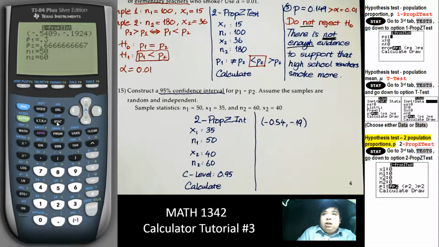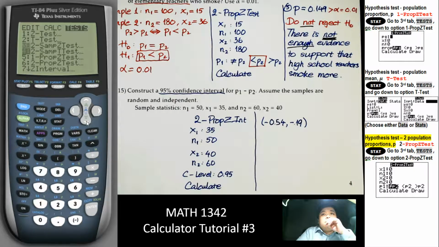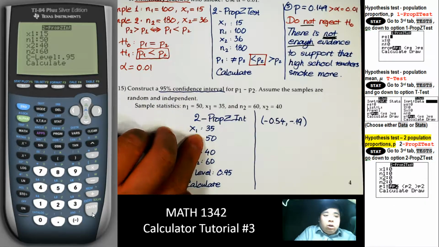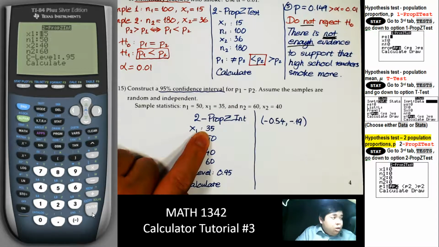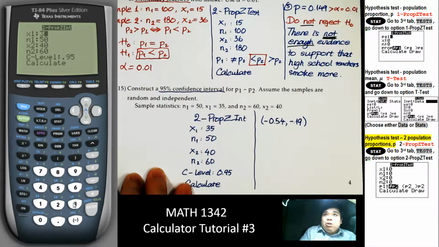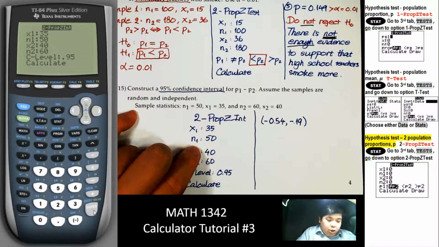Oh, sorry, this is 35, I put 15. So I wrote 35, 50, 40, 60.